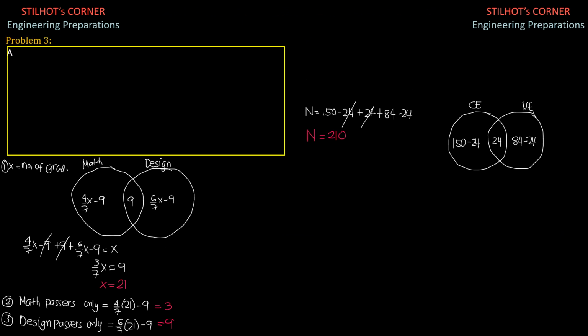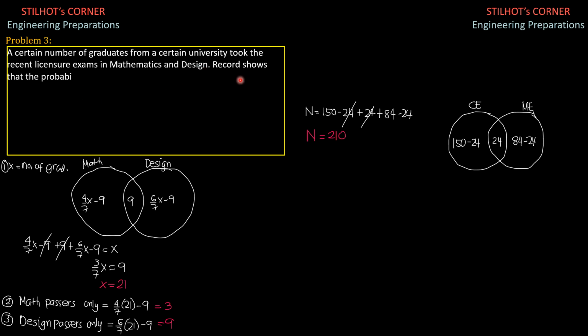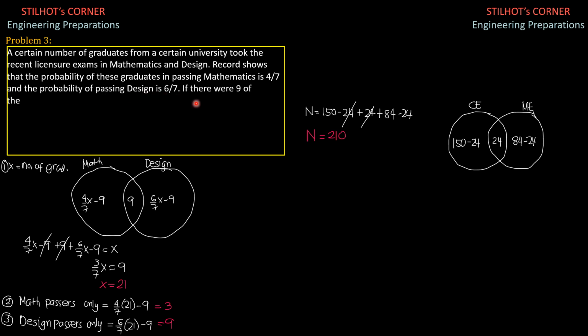Then problem 3. A certain number of graduates from a certain university took the recent licensure exams in mathematics and design, structural design maybe. Records show that the probability of these graduates passing mathematics is 4 over 7 and the probability of passing design is 6 over 7.